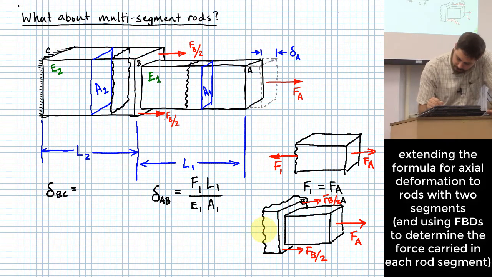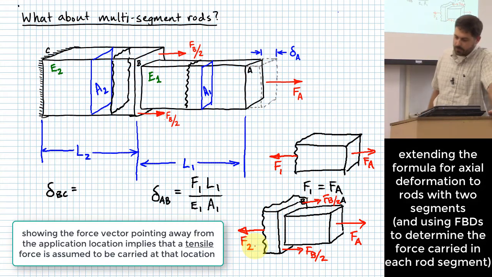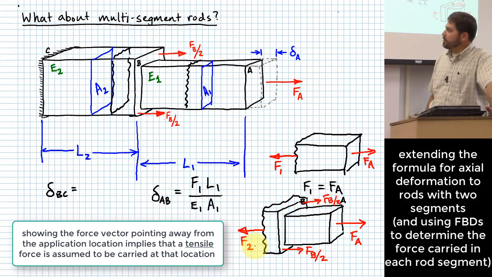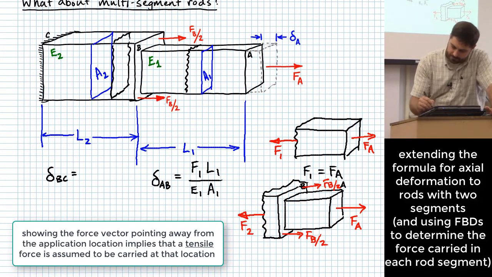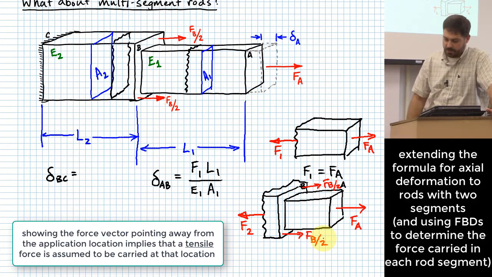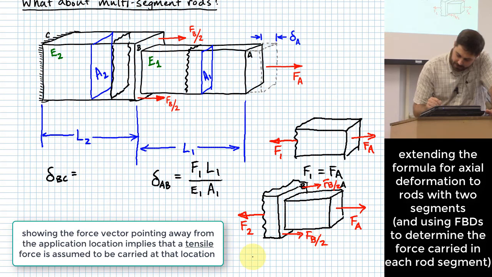And then I'll put over here one force that reacts against all of that, and I'll call it F2. Okay? Now what do you think I'll do with all of this? I'll sum forces in the horizontal direction, and when I do, what do you think I'll find for F2?